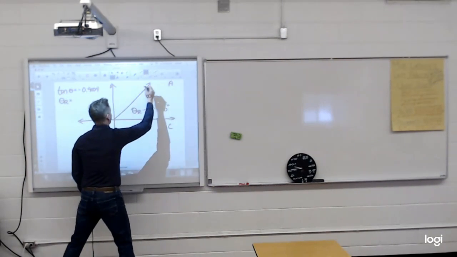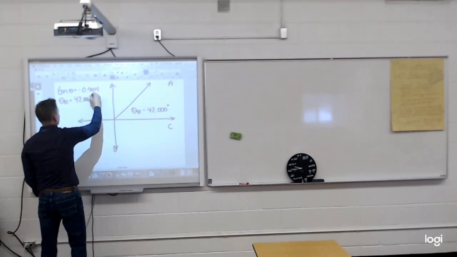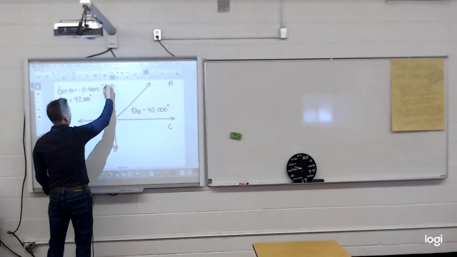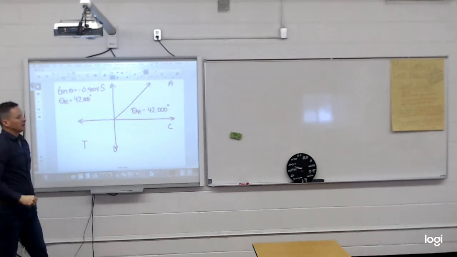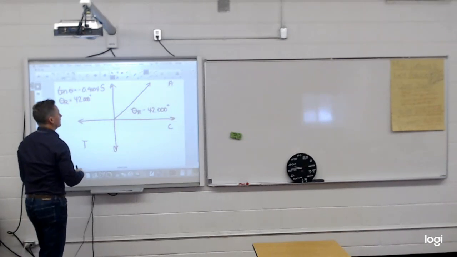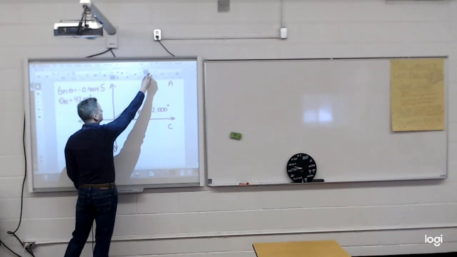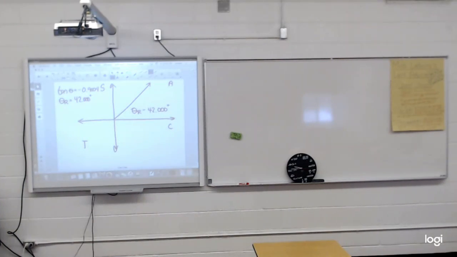Now, what you need to do is which two quadrants is the tan ratio negative in? What two quadrants is tan negative? 2 and 4.